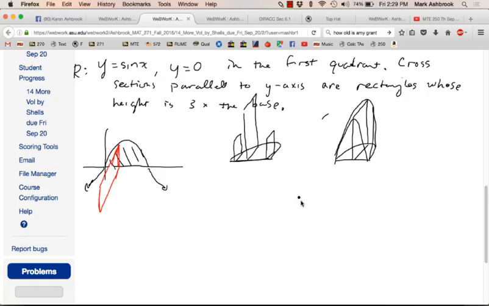Okay, so this is not hard. Drawing it is a little challenging, but all we have to do is find the volume of a typical rectangle, which is easy. So what is the volume of this rectangular wafer? I can't draw anything today.